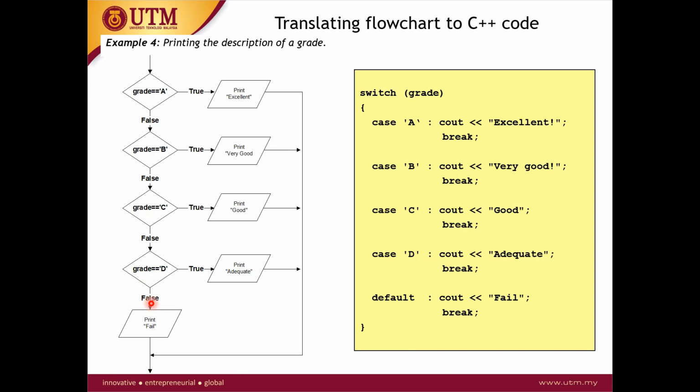If it is none of these cases, what's going to happen? We may have so many other conditions, and for all of them we are going to print fail. And then break in order to go to the end of the flow.